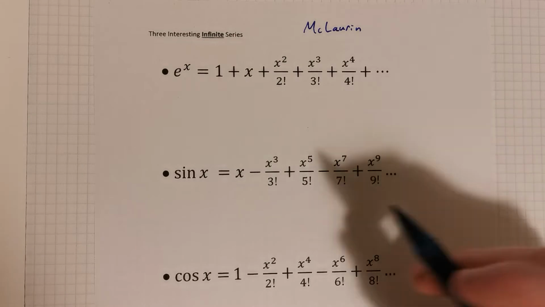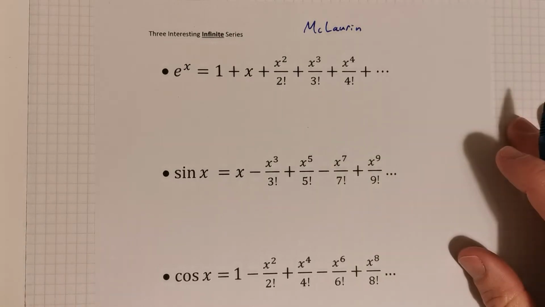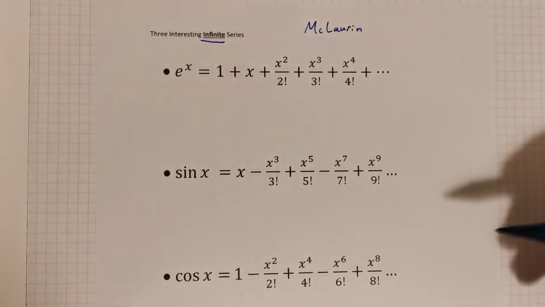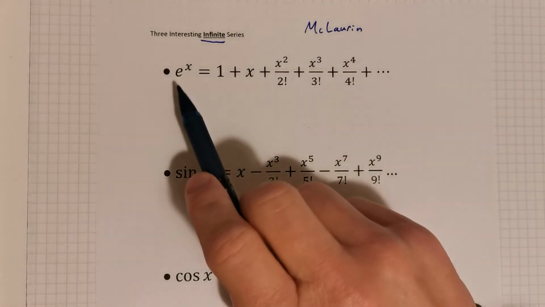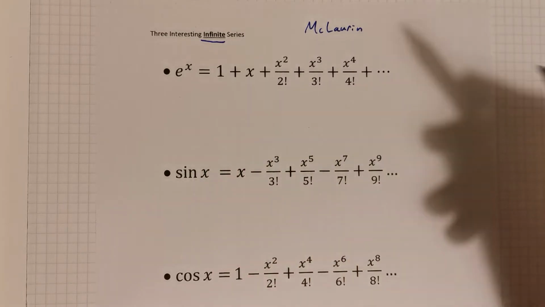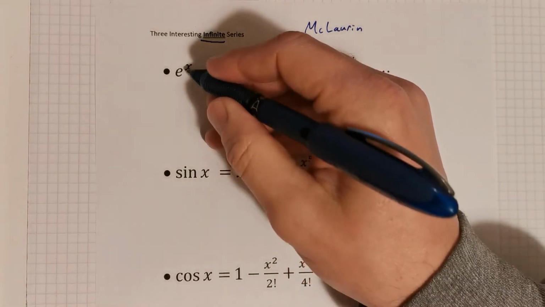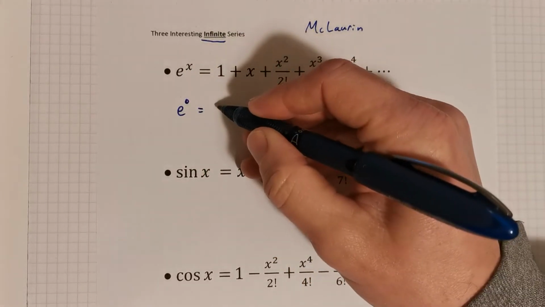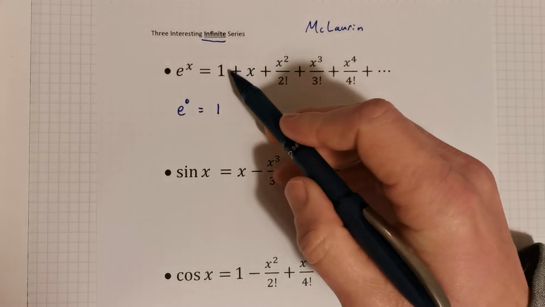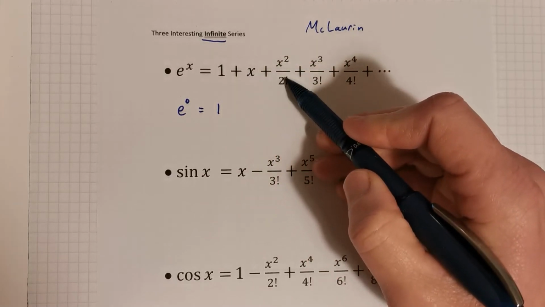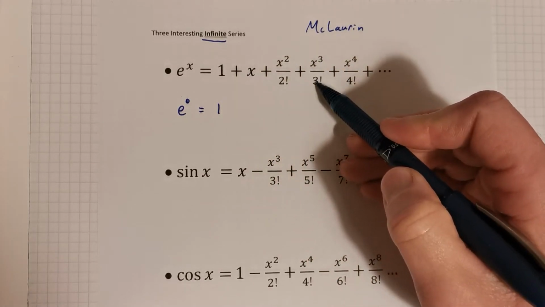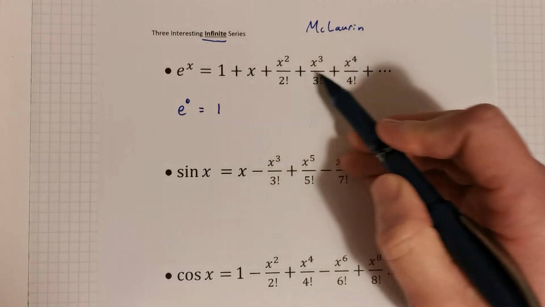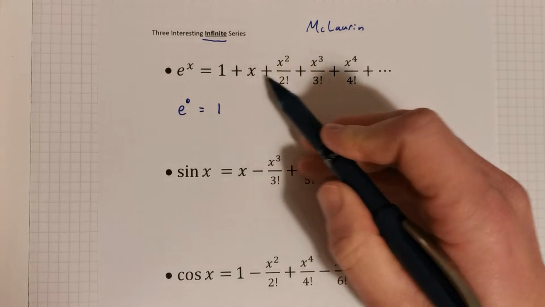And they're all true, but let's just investigate what they mean. The key thing to remember is they are infinite. These go on forever and ever. So e to the power of x is always equal to this. If we think about a very basic number for x, let's think about 0. e to the power of 0 would be 1 plus 0 plus 0 squared over 2 factorial plus 0 cubed over 3 factorial plus 0 to the power of 4 over 4 factorial, etc. All those subsequent terms after 1 become zeros.